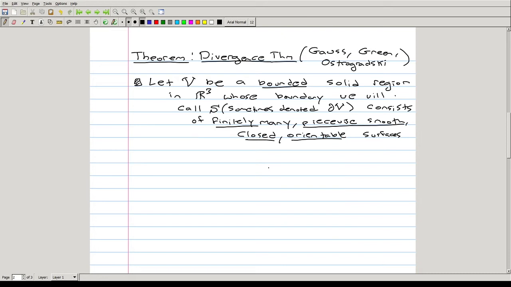These are all the three important assumptions. We will also assume about the surface that the normal vectors are all oriented consistently.